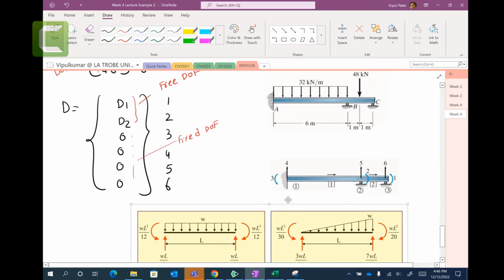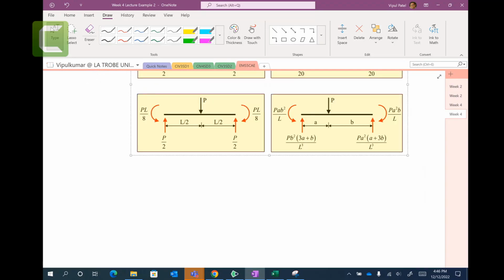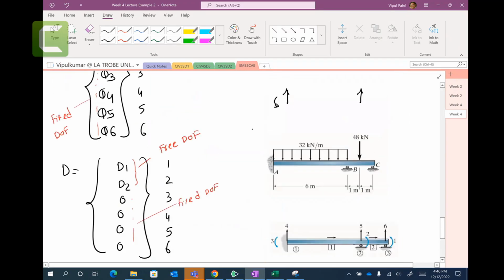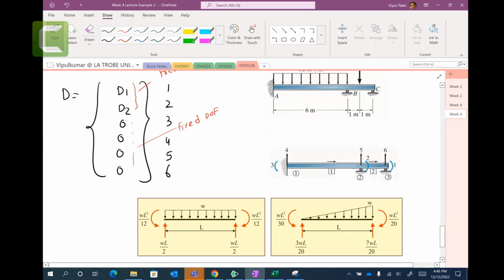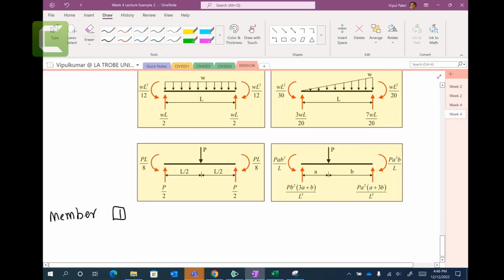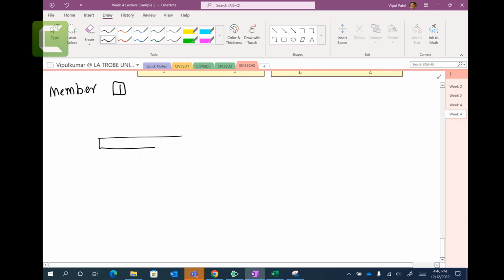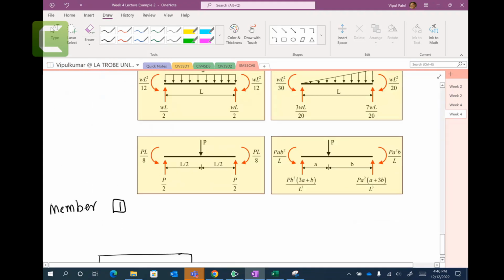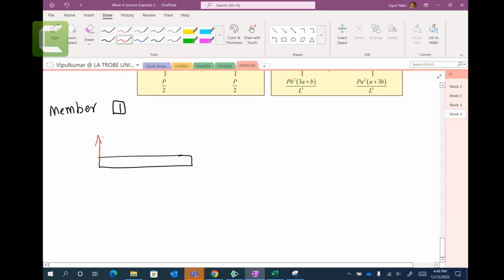Now for the Q0 matrix, let's get member number 1. What does member 1 look like? Member 1 has 4 and 3. So 4 is going up, 3 is going here.